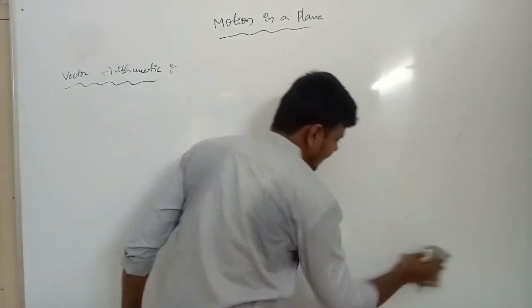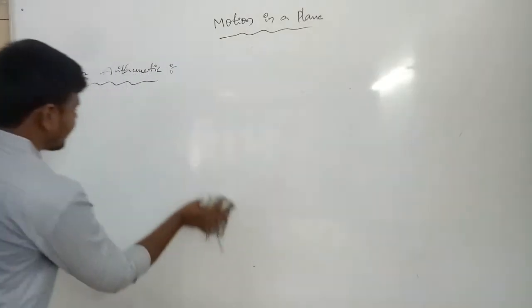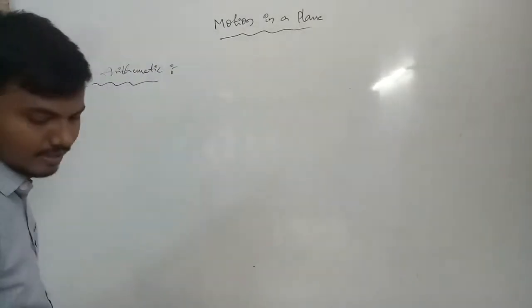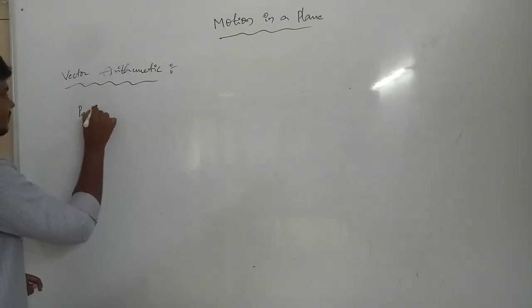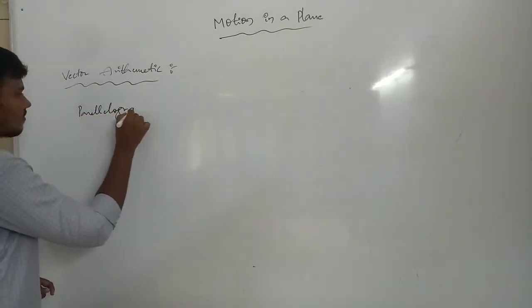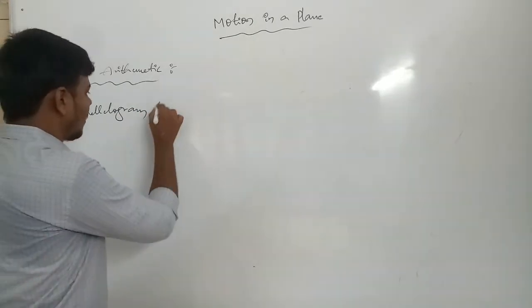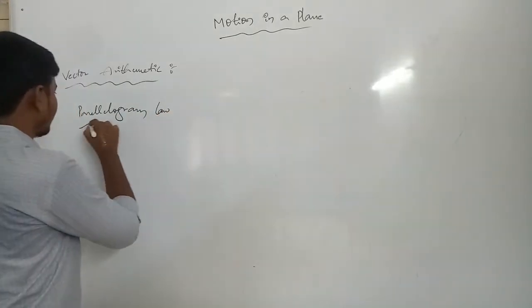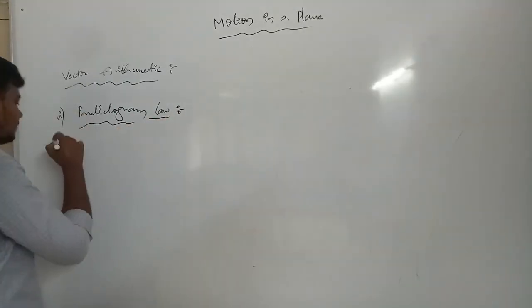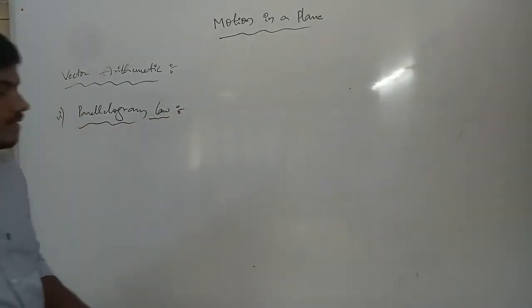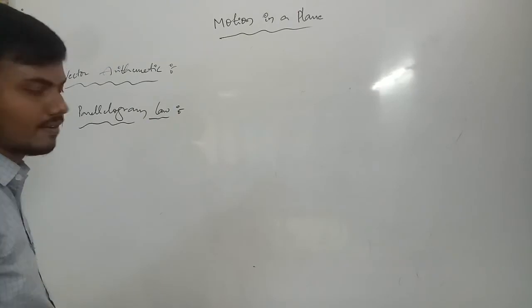The first is A bar, the first vector, and B bar is the second vector. This is the sixth one, parallelogram law.